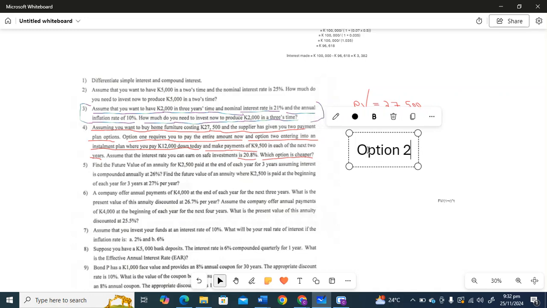Option 2, right? So first things first, let's convert these 9,500 into today's value. So we still use the same formula. Present value equals future value times 1 plus r to the power negative t.